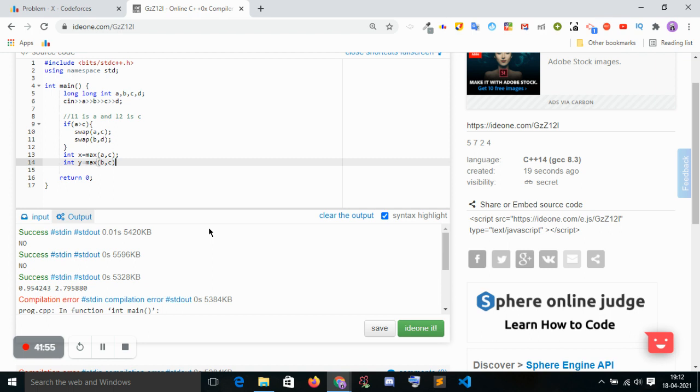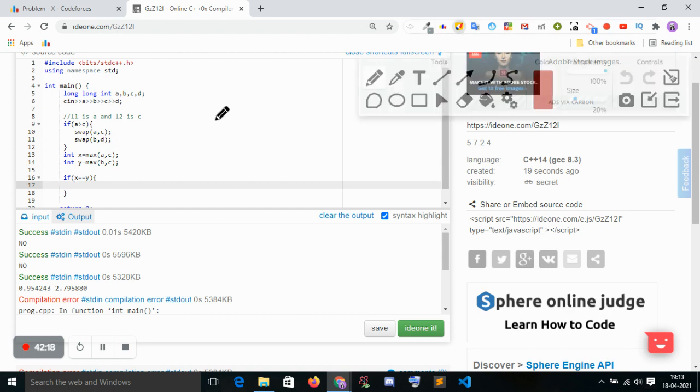B comma C. If it is in the boundary, C will definitely be the meeting point between A and B. So if x equal y, that means there is a point, one point. If x equal y, what does that mean?